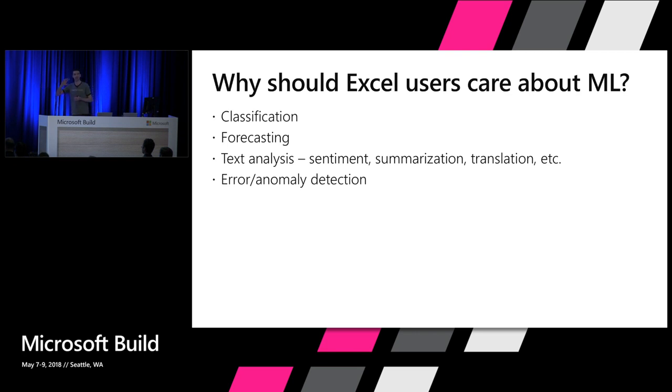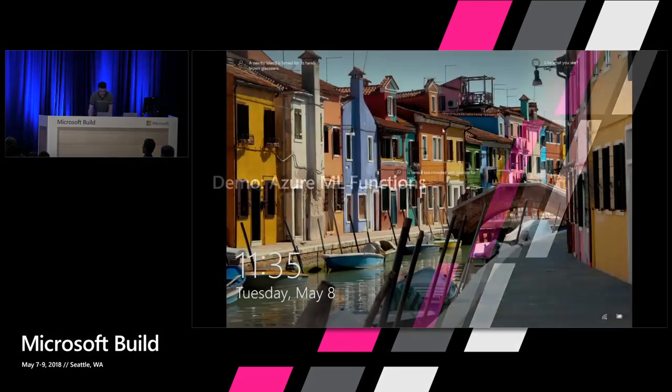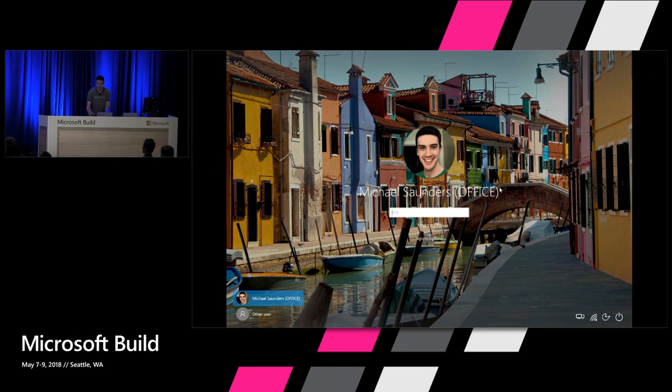Here are some examples: classifying data that you have, forecasting out trends in the data, a whole bunch of scenarios around analyzing text that exists inside Excel, and then finally picking out errors and issues that are in the spreadsheet. I'm just going to show you quickly a couple great examples of what we've enabled there with Azure ML functions, another type of custom function that we expect to be very useful for bringing in machine learning capabilities into the spreadsheet.